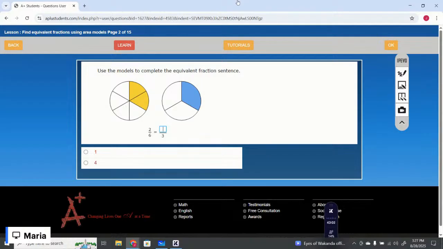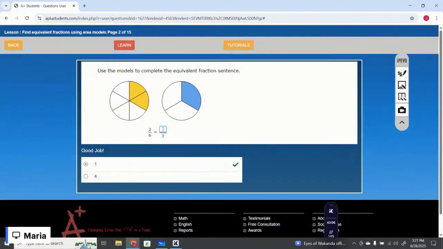So 2 out of 6 equals 1 out of 3. Option number 1 is the correct option. That is 1 out of 3.